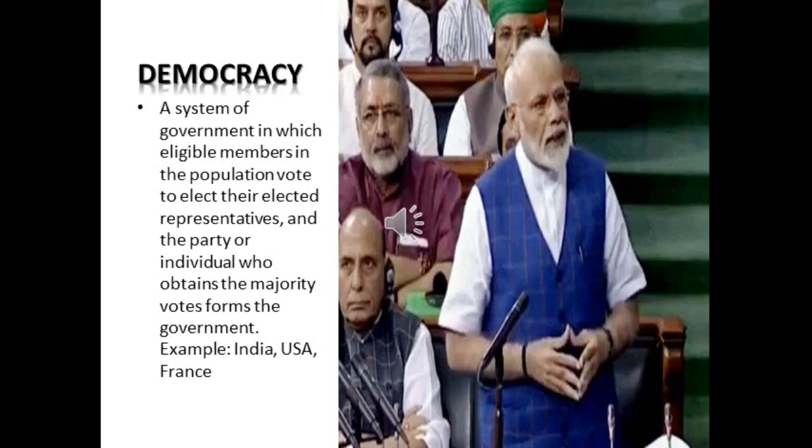It shows who has power. Based on the person and the governance of the country, these types of government exist in the modern world. Let us discuss them one by one in detail.